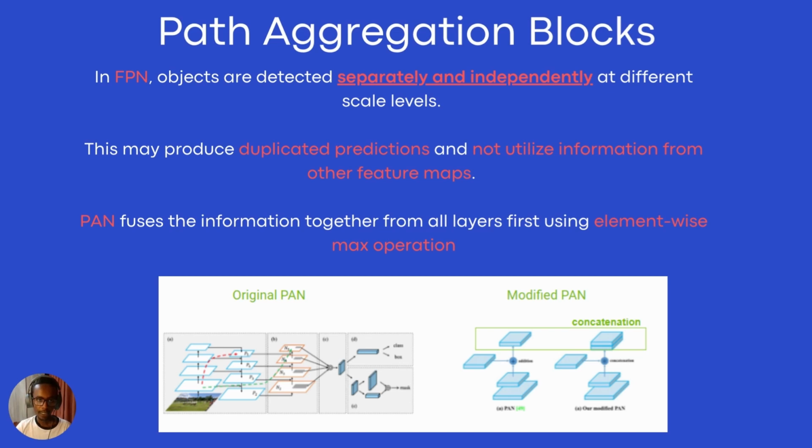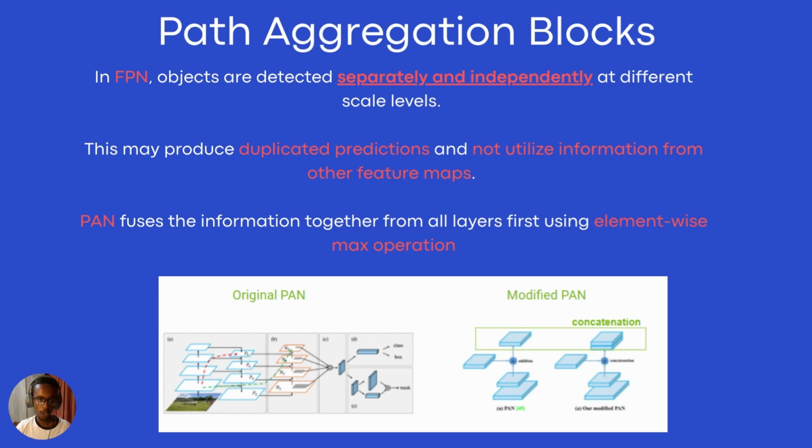So in FPN, objects are detected separately and independently at different scale levels. And this may produce duplicated predictions and not utilize information from other feature maps.